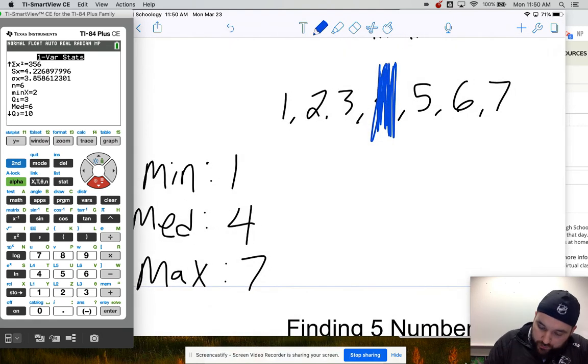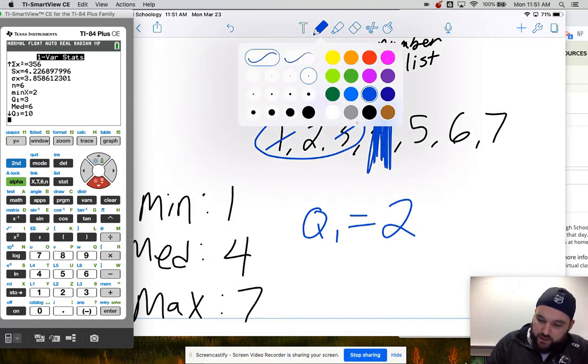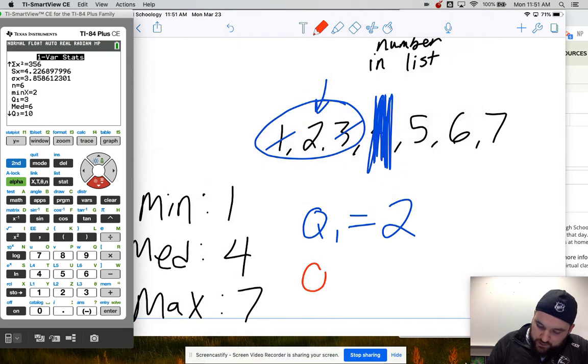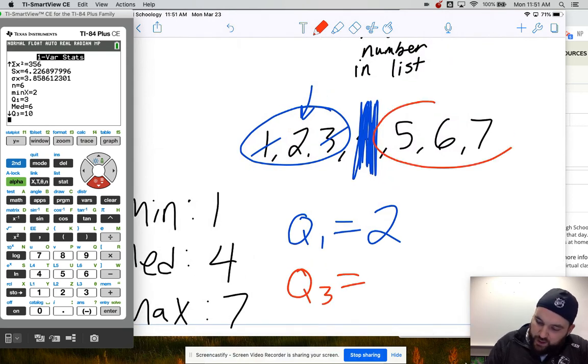So Q1, or the first quartile, is the median of those 3 numbers. Well, the middle of those 3 numbers is 2. So that's my first quartile. Okay. And then Q3 is the same idea. That's the median of my upper half of the data. So that would be 6.